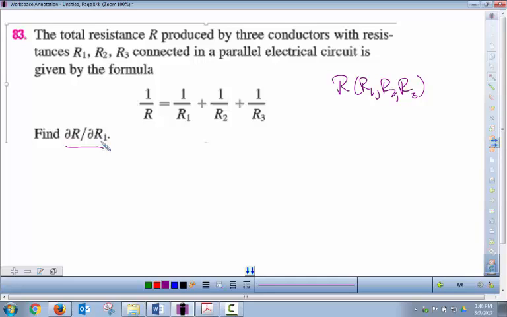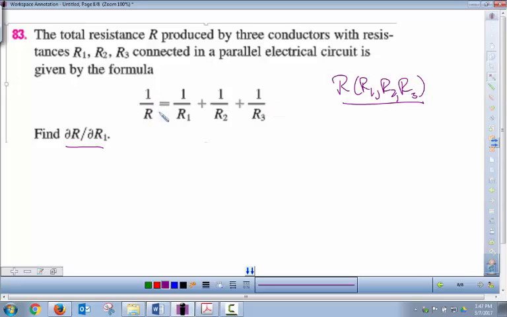We want to find dR/dr1, and we're going to assume that R is this function of r1, r2, r3. So whenever we deal with R, we're going to assume it's a function, so we're going to induce some chain rule business.